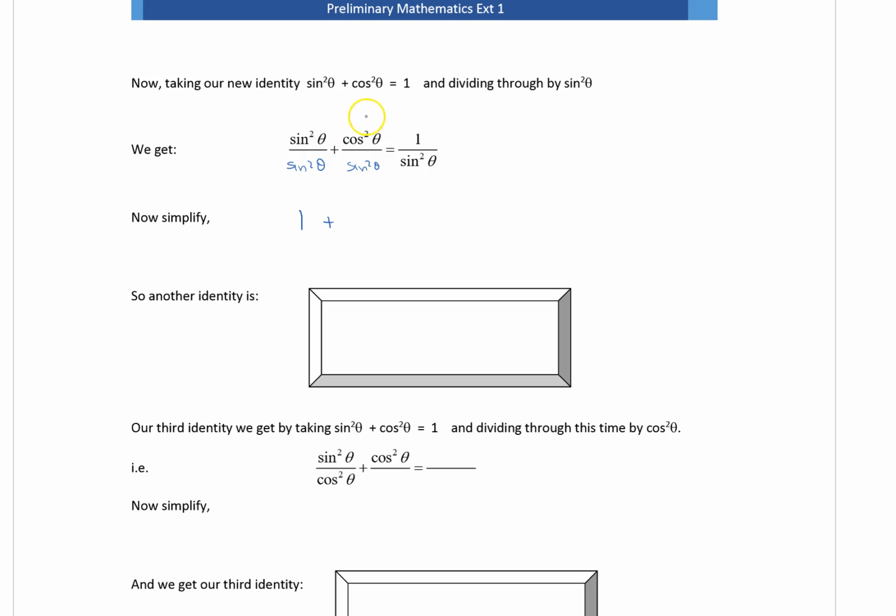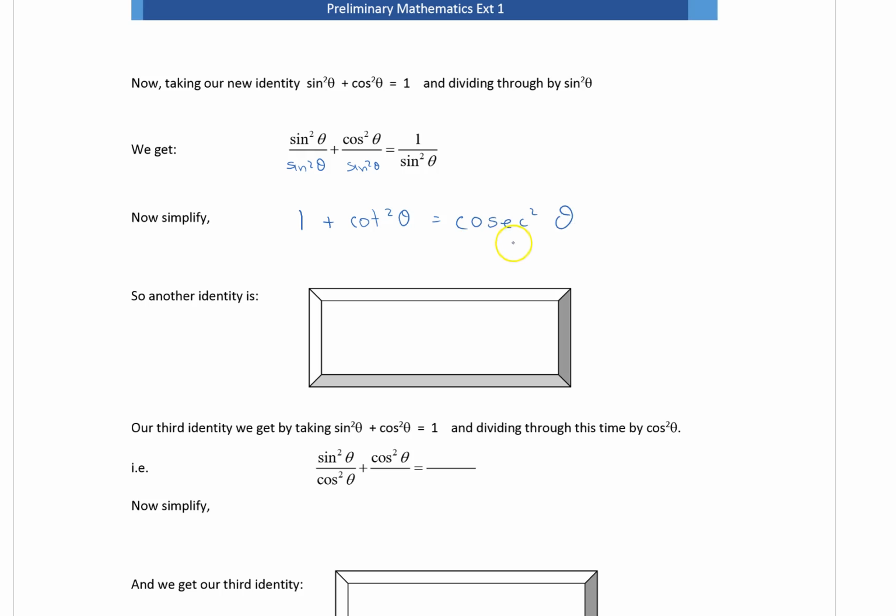That was back in the very first identity, which was cot squared theta is equal to cos squared on sine squared, and 1 on sine, we know that 1 on sine is cosec, and so we've got cosec squared theta.